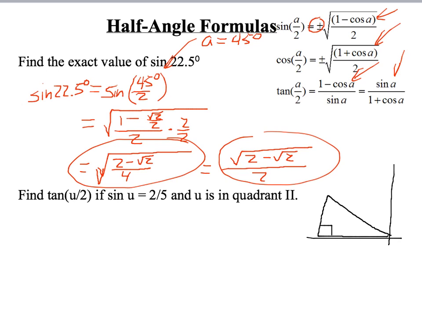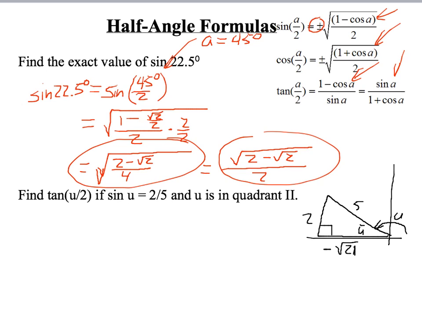Remember this is angle u, and there's the reference angle u bar. The sine is 2/5, opposite over hypotenuse. With a little Pythagorean work, 25 minus 4, the adjacent side is the square root of 21. And let's put a little reminder that it is a negative x coordinate in the second quadrant.